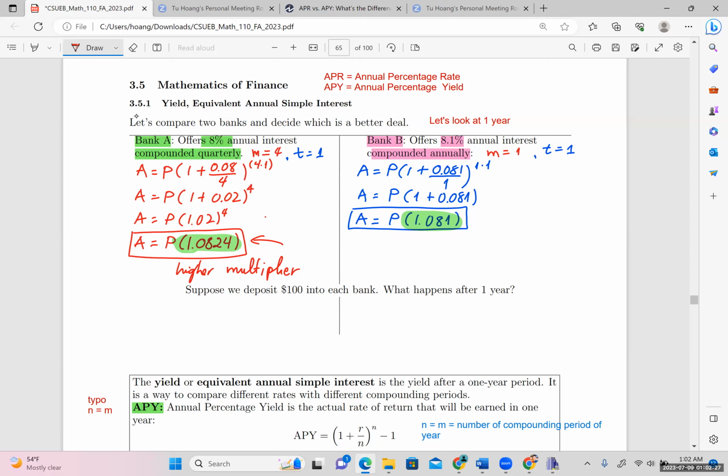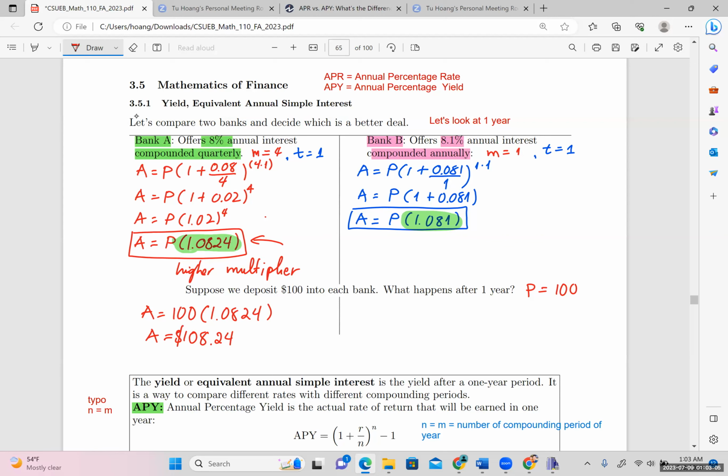Suppose we put $100 into each bank. What happens after 1 year? Now P equals 100, so A equals 100 times 1.0824, and we get A equal to 108.24.